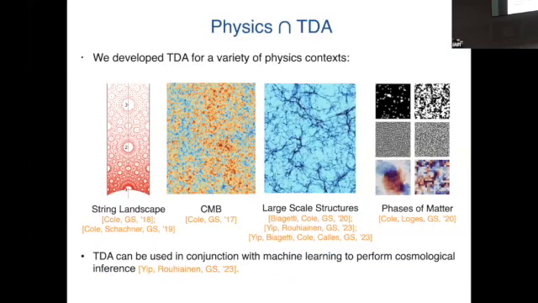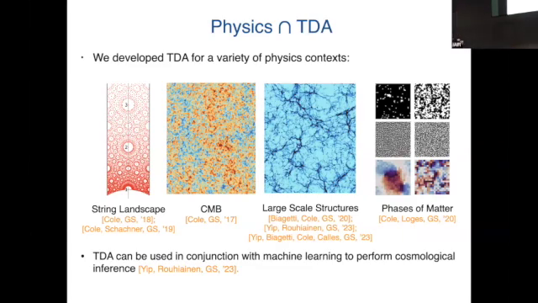Now, despite these applications, TDA is, to the best of my knowledge, largely unexplored in physics. So for these reasons, we have developed TDA in a variety of physics contexts. In this talk, I will focus on the cosmology work and especially the new results.